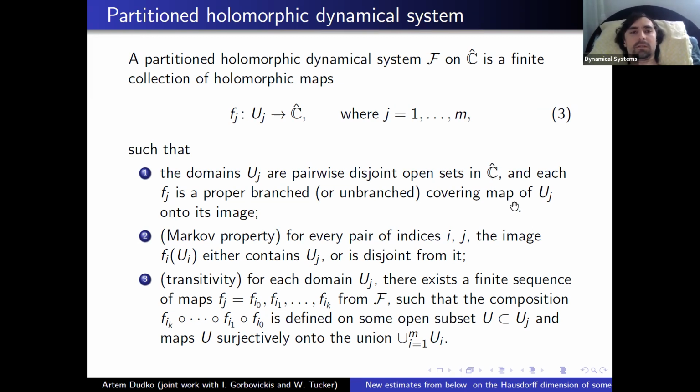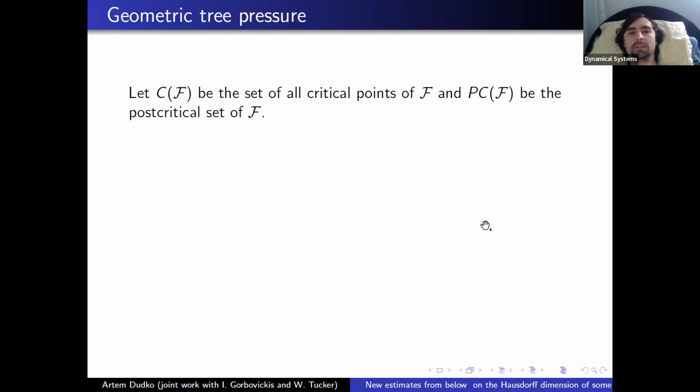Okay, so given such system of maps, denote by C of F its critical set and by P of F its post-critical set.